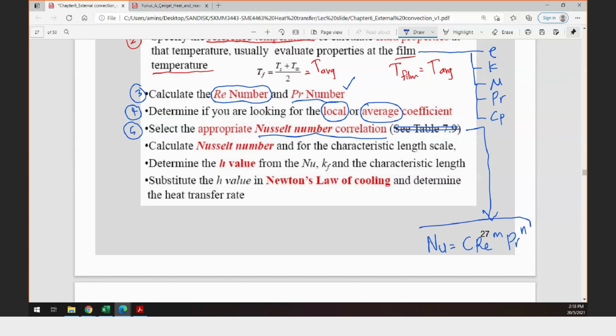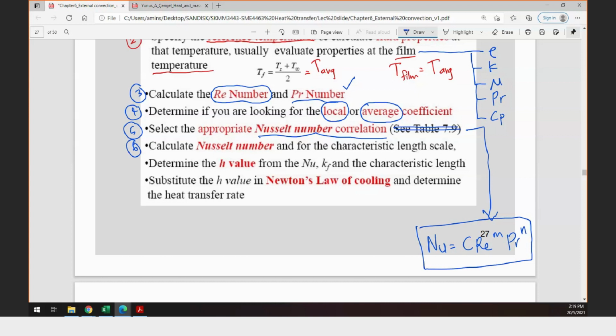So try to look into this kind of form. If you think that is the right or suitable Nusselt number correlation, then you need to calculate the Nusselt number for the characteristic length scale.